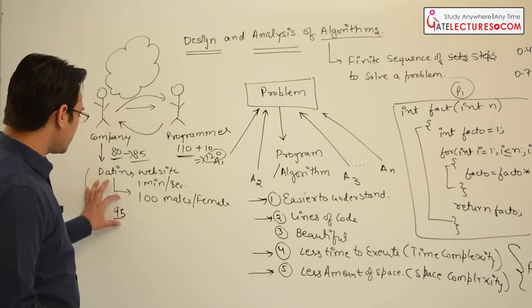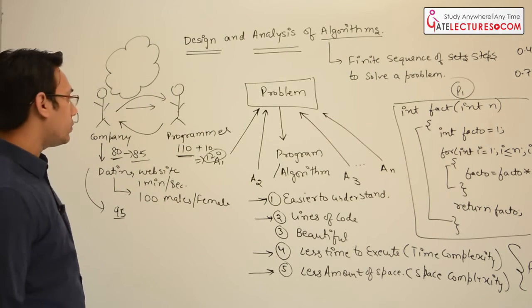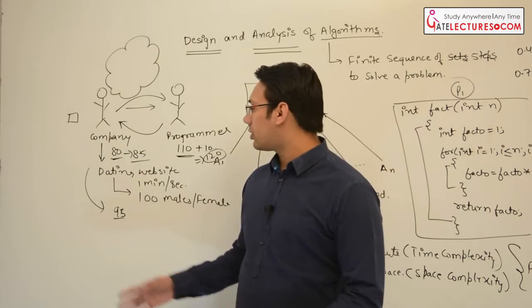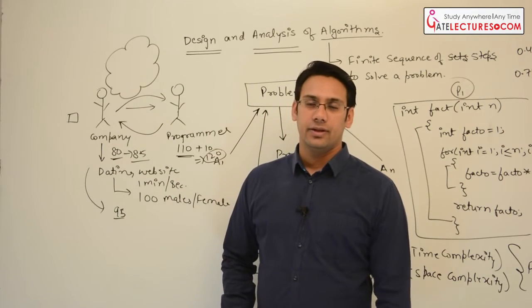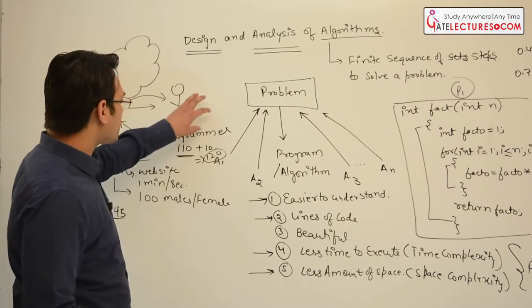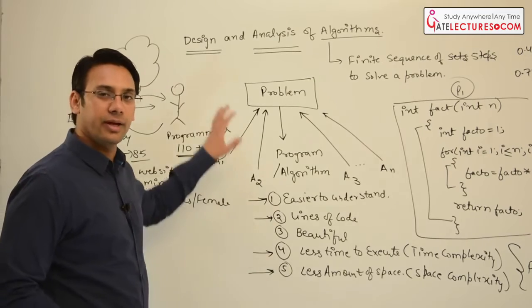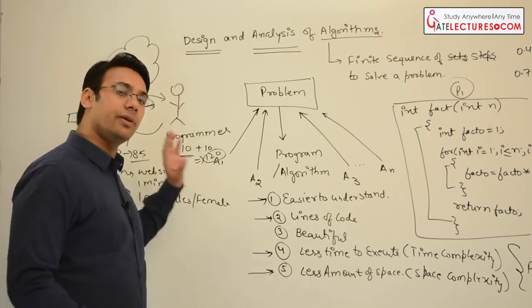Now he says, still I'm not able to get this much data which you are promising me. Now you are thinking, what can be the reason why the client is not getting this? The machine which the programmer is using may be high end, and the machine which the client is using may also be high end.